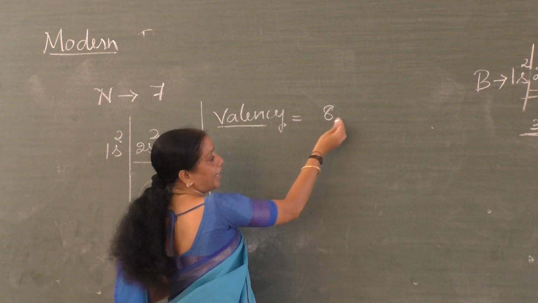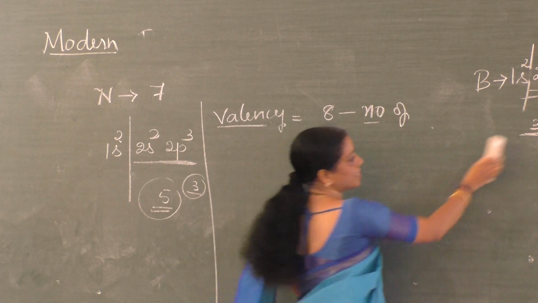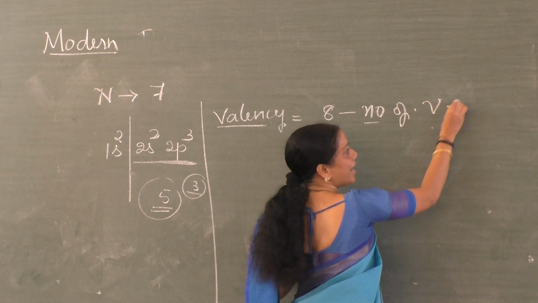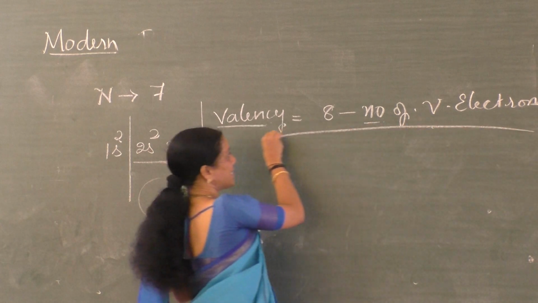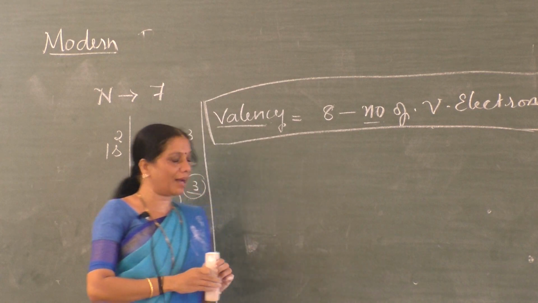Valency is equal to 8 minus the number of electrons in the valence shell, that is nothing but the number of valence electrons.